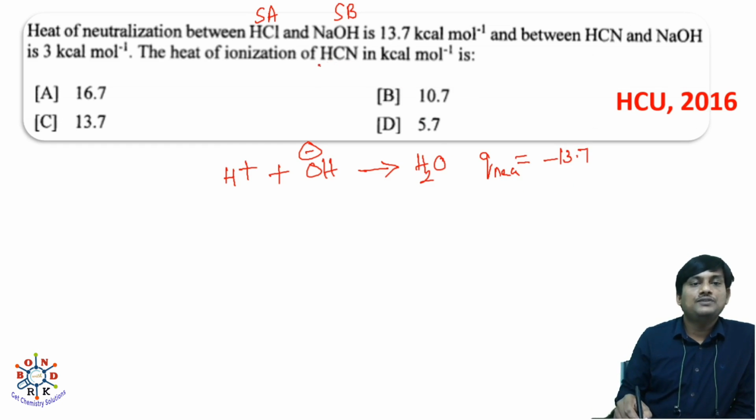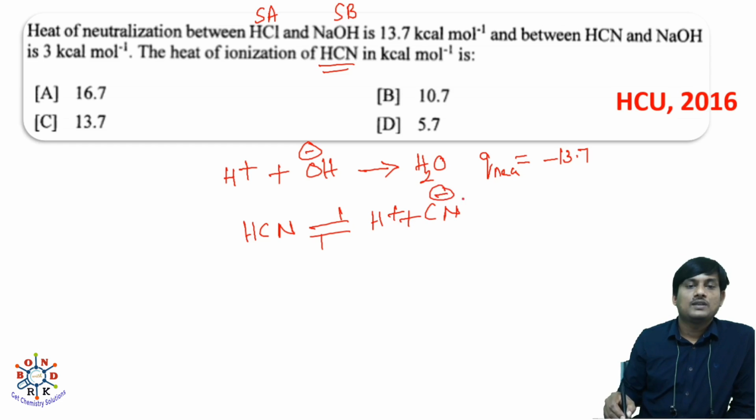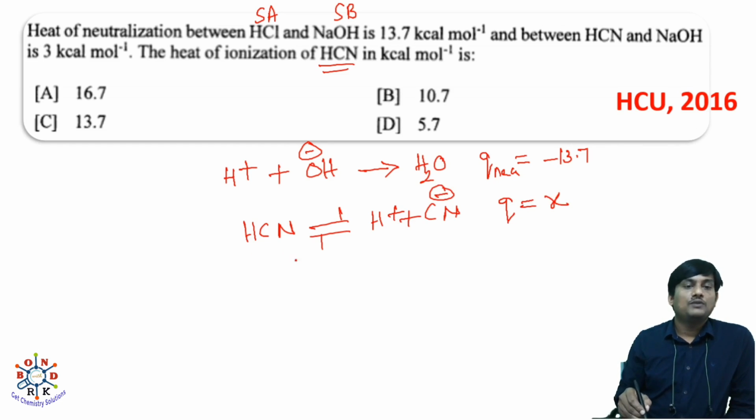But in case of weak acid and strong base, first there is ionization of weak acid. HCN dissociates into H plus and CN minus. Here let us take the heat involved in this step, Q is equal to X. And what is the second step?